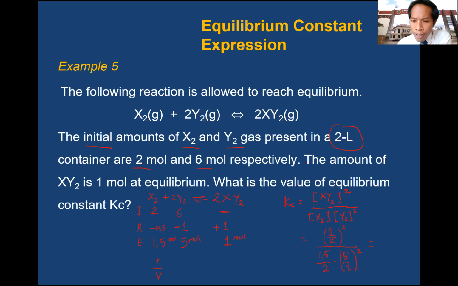I can write like this: 1 over 2 is 0.5, 0.5 squared over 0.75 times 5 over 2, 2.5 squared. You have to calculate this one to get the last answer.